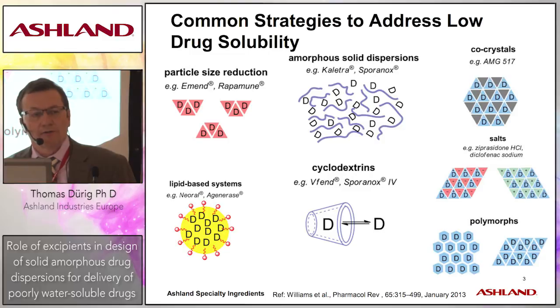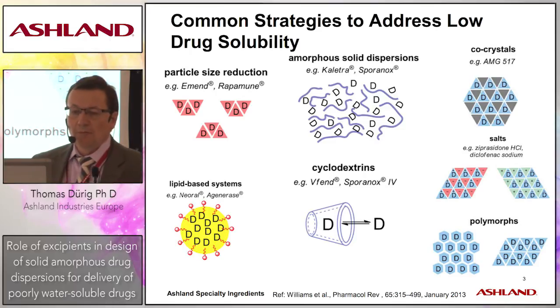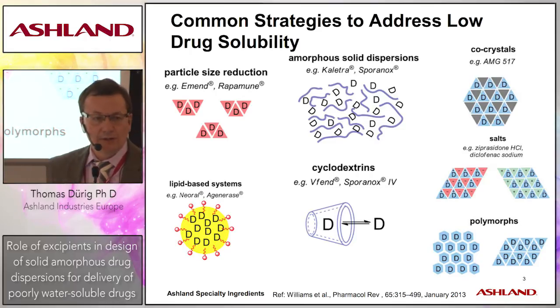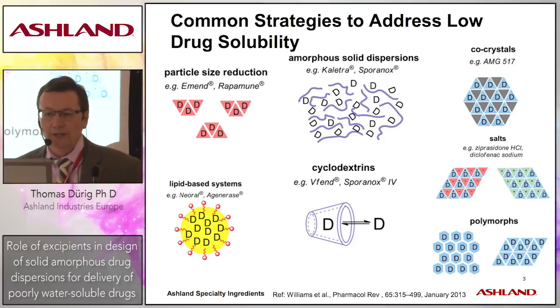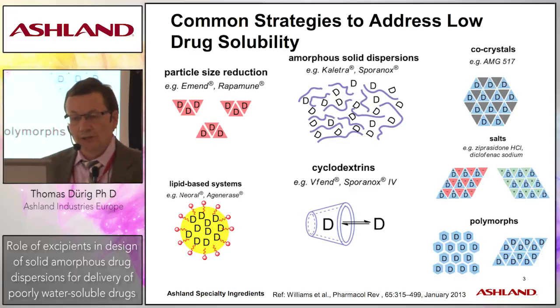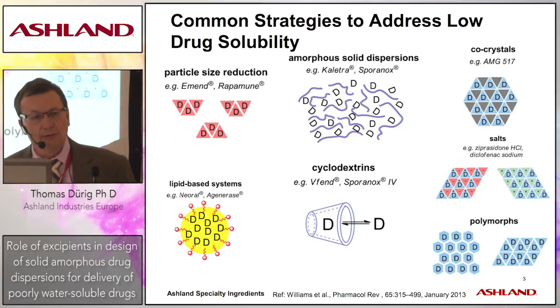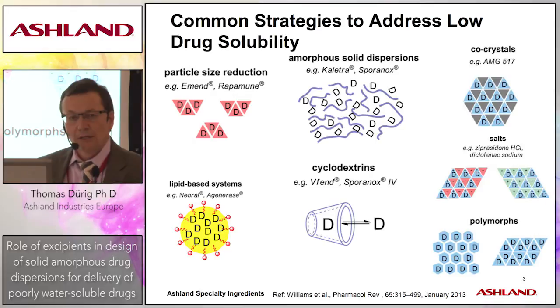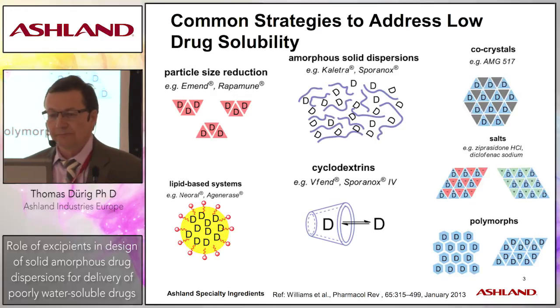There's a number of approaches that have been developed to help with this problem. Among them are particle size reduction, things like nanomilling, and you see some examples on the screen like Emend and Rapamune as commercial examples. Amorphous solid dispersions are also one technology that is increasingly being used.